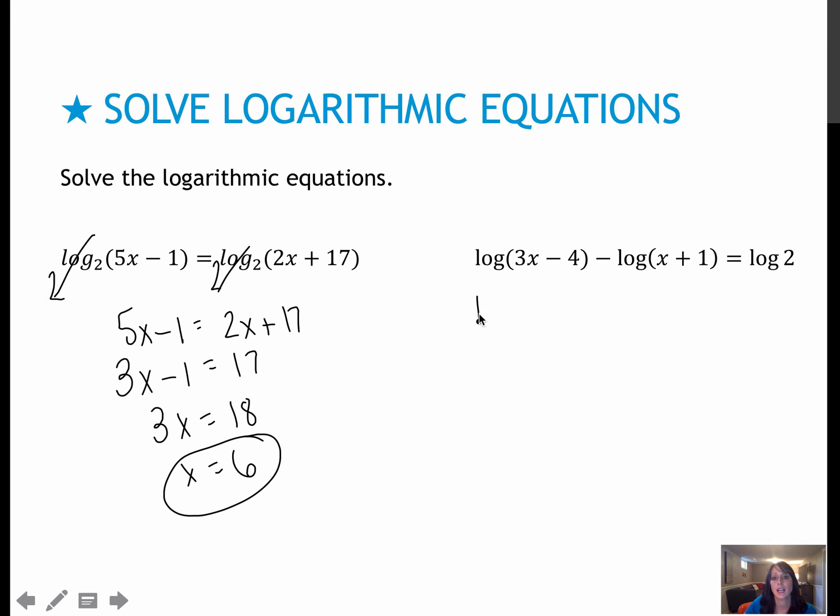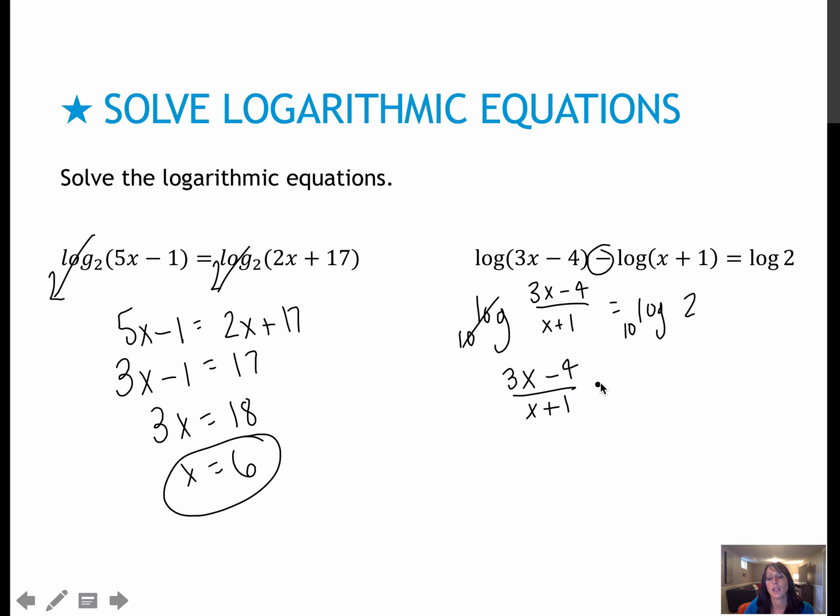For the second, I would rewrite as 3x minus 4 divided by x plus 1 because it was subtraction. I would then exponentiate each side, so 10 to that power. That gives me 3x minus 4 over x plus 1 equals 2.